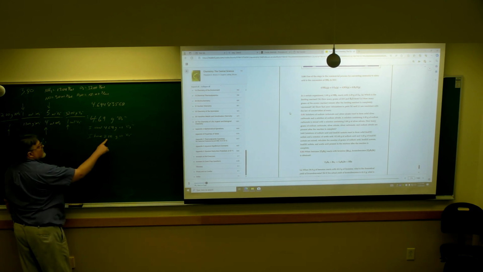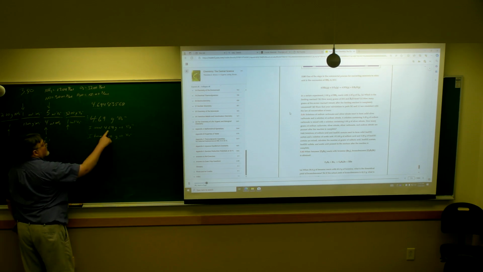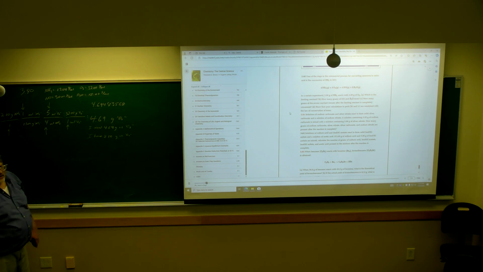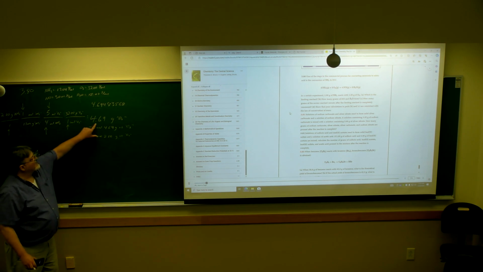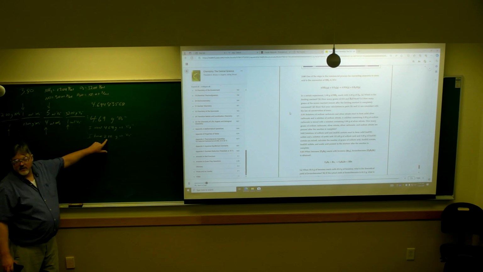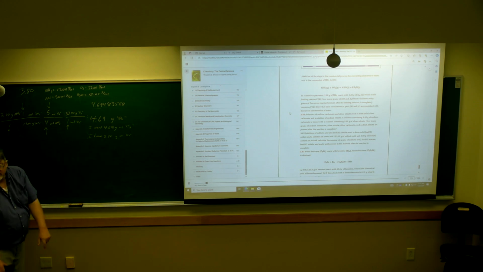I have 2.50, but I need more than that. I needed 4.69. So which one is limiting? Which one is excess? I've discovered that I need this many grams of O2, but this is how many I actually have. So which of the reactants is limiting and which one is excess?